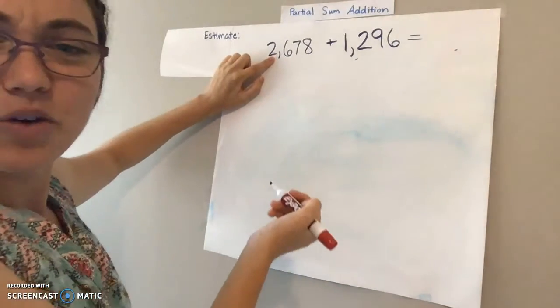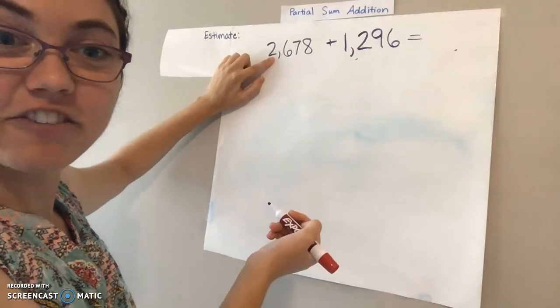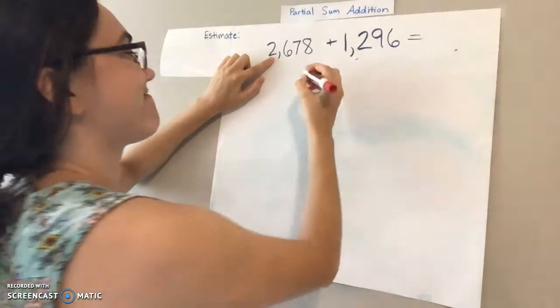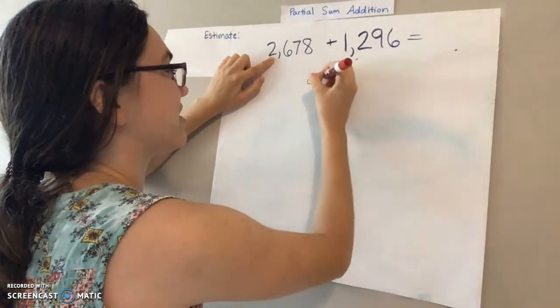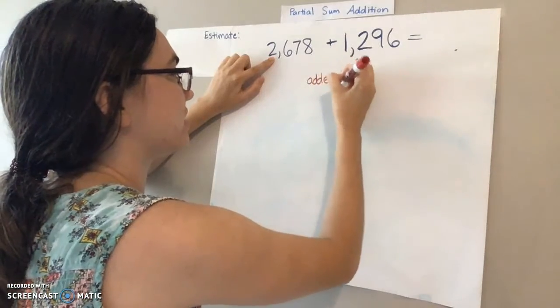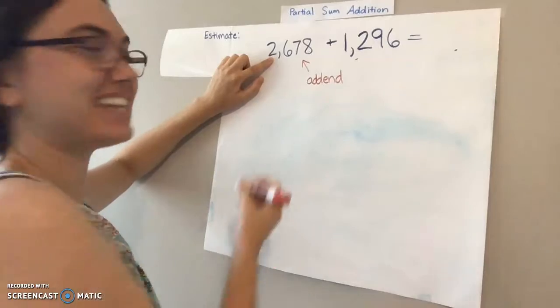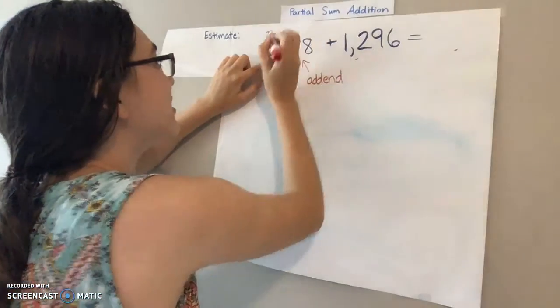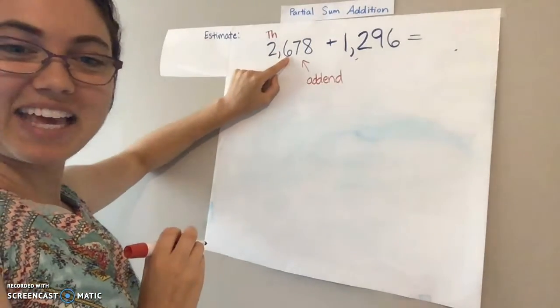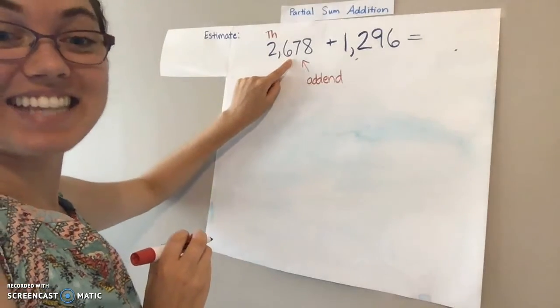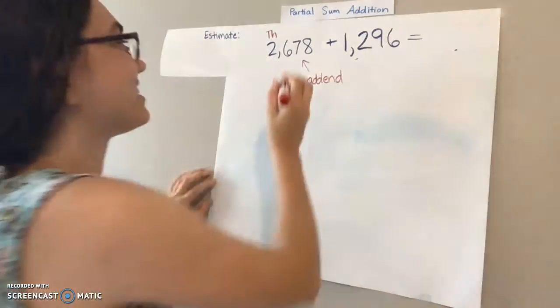So let's look at our place value. We've got what in the thousands place in our first addend? A 2 in the thousands place. What about in our hundreds place? I see 6 hundreds.